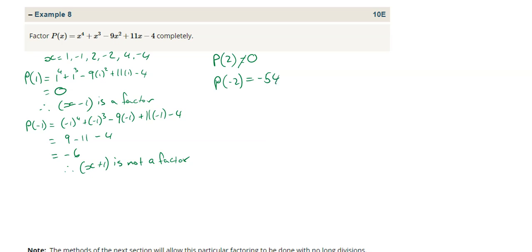I almost thought of it. P of 4. I'm going to go through and change all these.